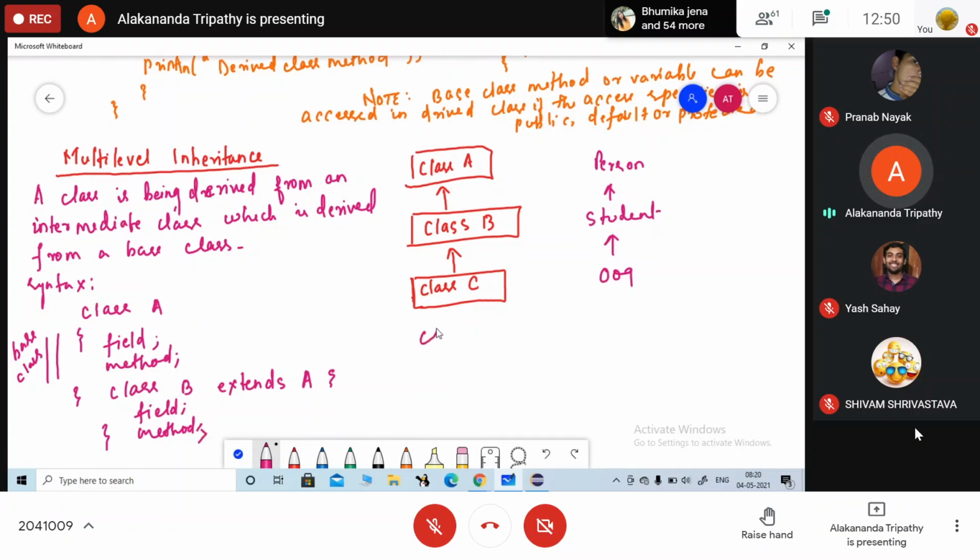Similarly, another class C, it will extend B. Here you have the fields and methods. Okay, so this is the syntax of your multi-level inheritance.